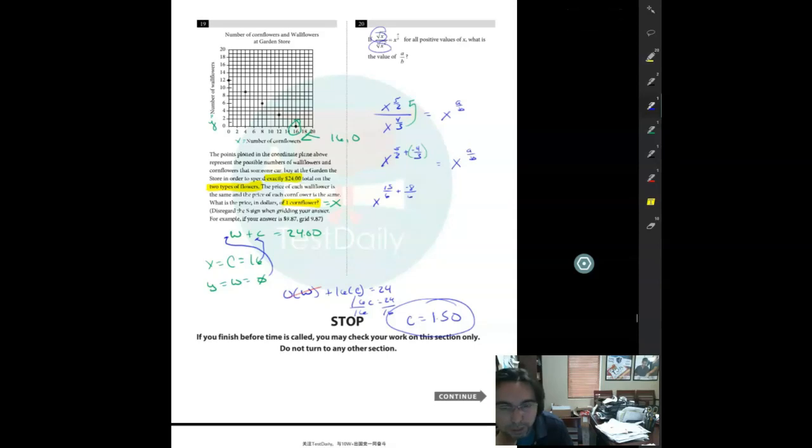Now that I have a common denominator, I can combine, which is going to give me x to the, 15 minus 8 is 7 over 6. And so that's my answer. My grid-in is going to be 7 over 6. That's the answer, because that is equivalent to a over b that we see up here.